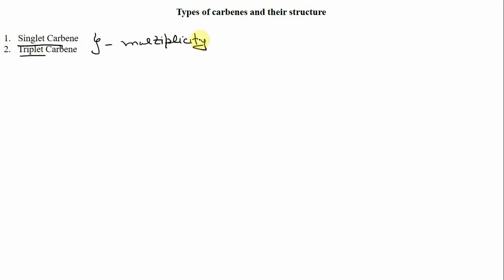As we know, the multiplicity can be calculated by the formula 2s plus 1, where s is the total spin. Since there are 2 non-bonding electrons present in this carbene, they may have anti-parallel spin or parallel spin. The spin quantum number of each electron is 1 by 2.